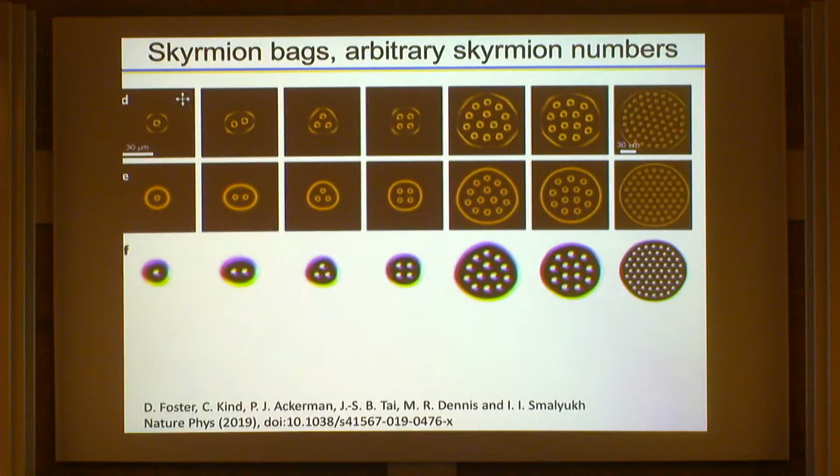And so then that outer Skyrmion becomes what we call a Skyrmion bag. Here you can see the demonstration of such Skyrmions in computer simulations and also their realization in experiments.